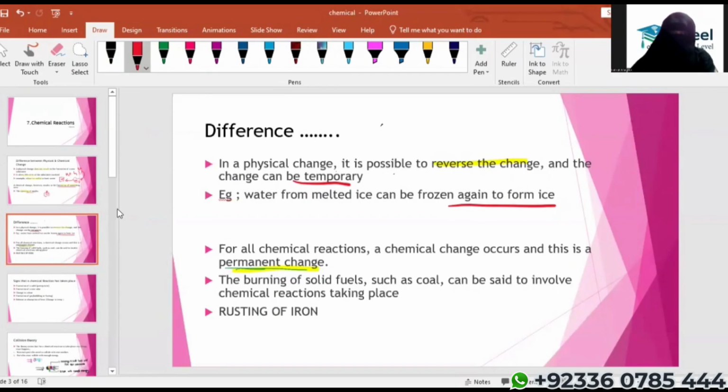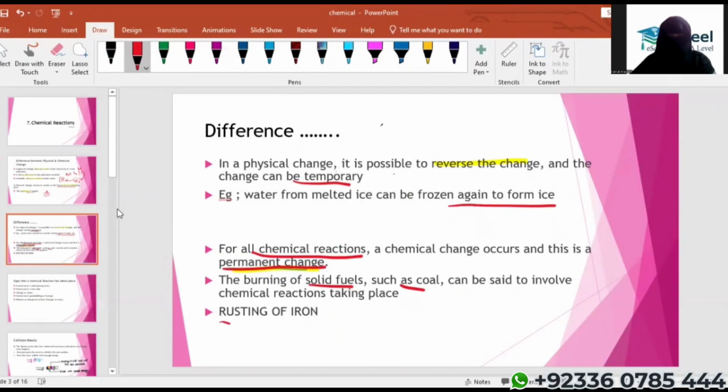But in chemical reactions, a chemical change occurs, and that is entirely permanent. And this is universal for all chemical reactions. An example is the burning of solid fuels, such as coal, which involves a chemical reaction taking place.